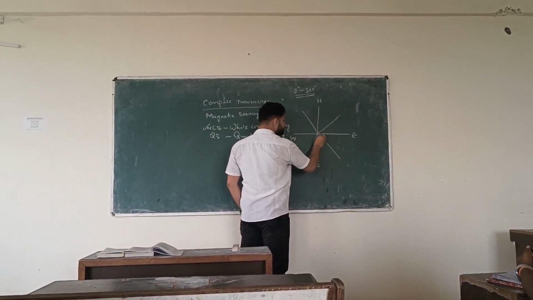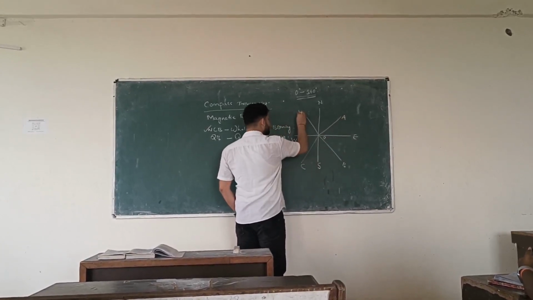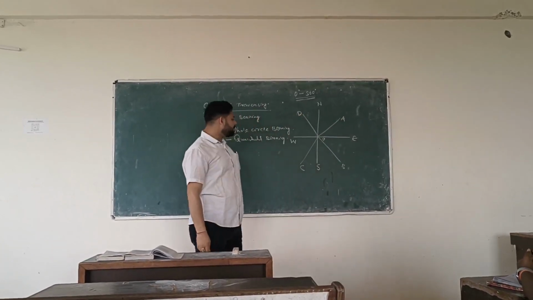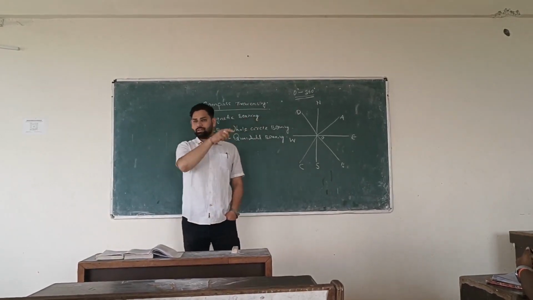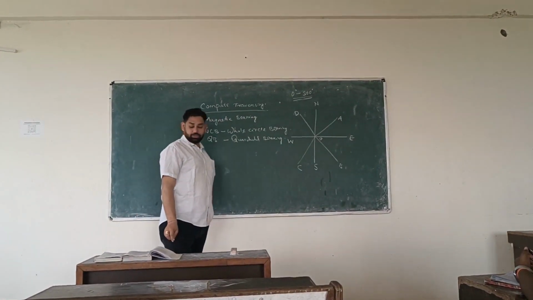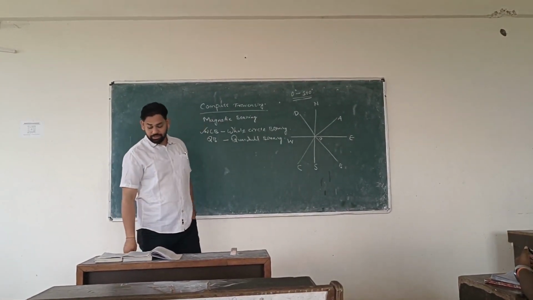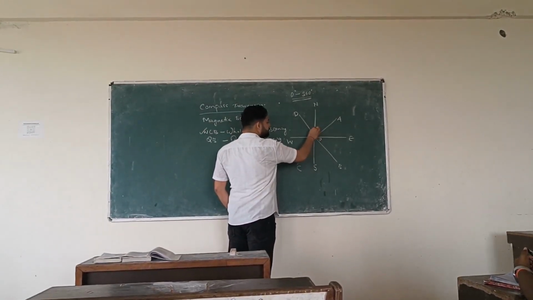Let's suppose this is point O, A, B, C, D. OA, OB, OC and OD, four lines are situated in the system. So when we go for the WCB system, let's suppose this is a bearing in WCB.